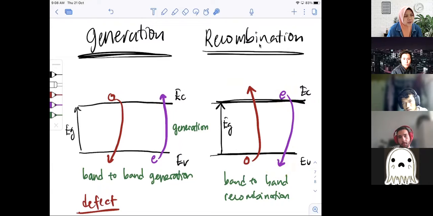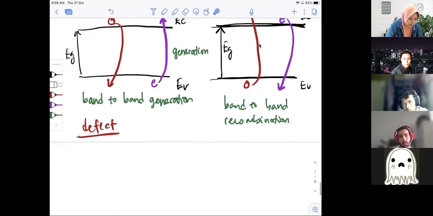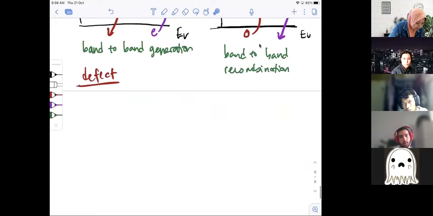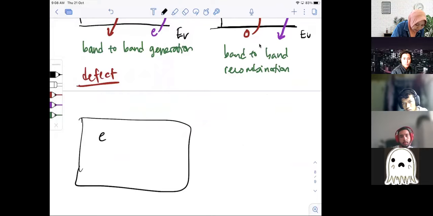Recombination actually occurs when a free electron meets a free hole. When the electron moves, the hole moves. If we draw it in terms of the physical picture, the electron moves around, and the hole also moves around, a free hole and a free electron, right?